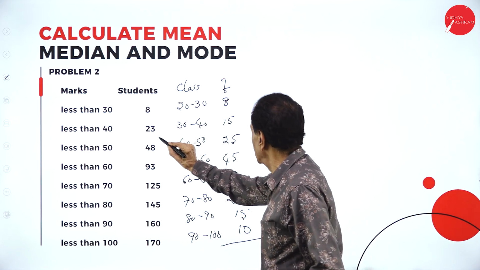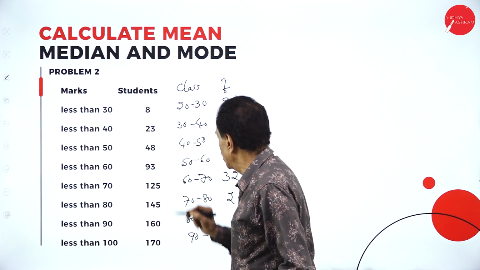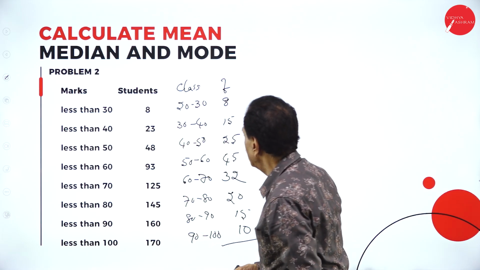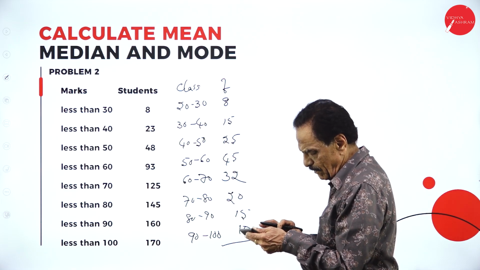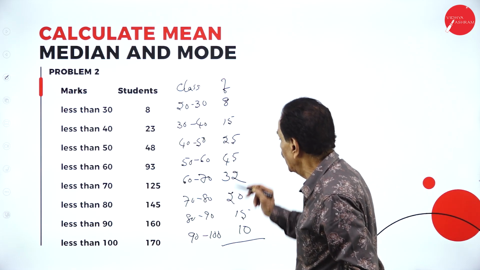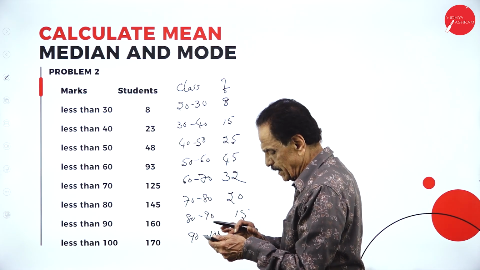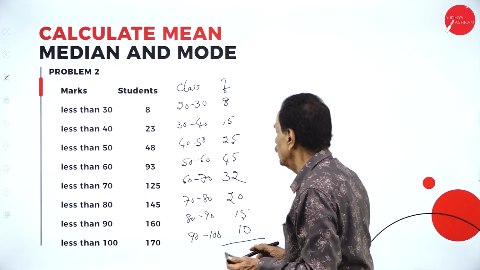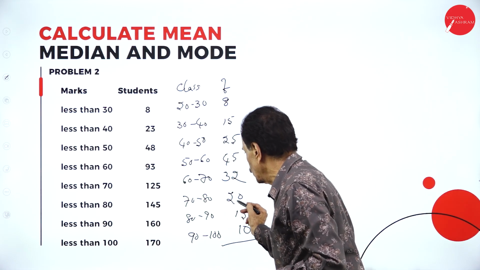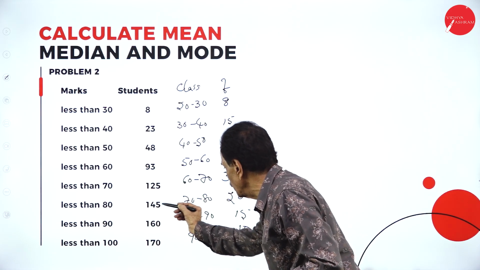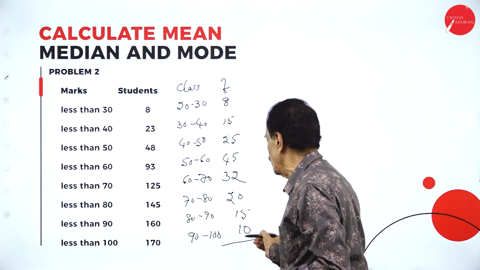So 8, 15, 25. Then 93 minus 48, 45. 125 minus 93 is equal to 32. Then 145 minus 125, 20. 160 minus 145 is 15, 170 minus 160 is 10.